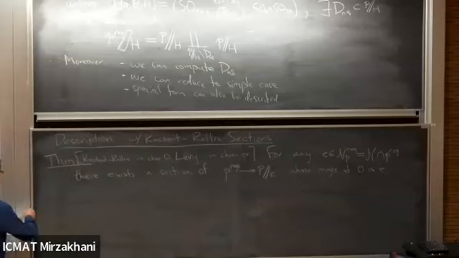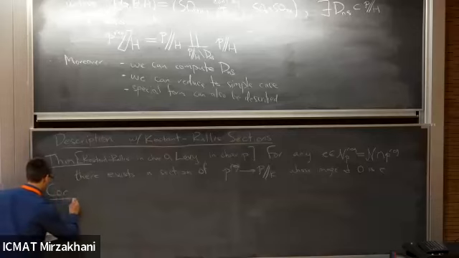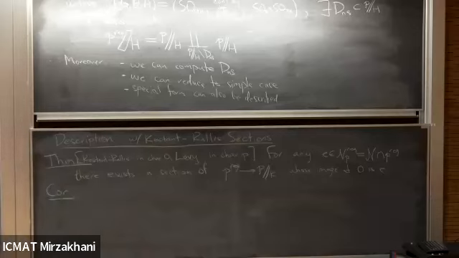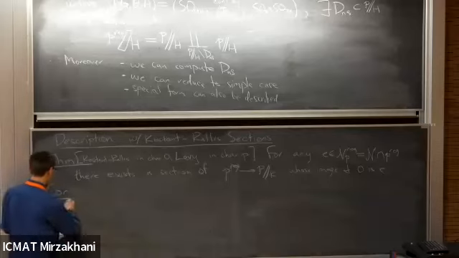And the point here then is one can use the G_m action to reduce to the nilpotent cone.